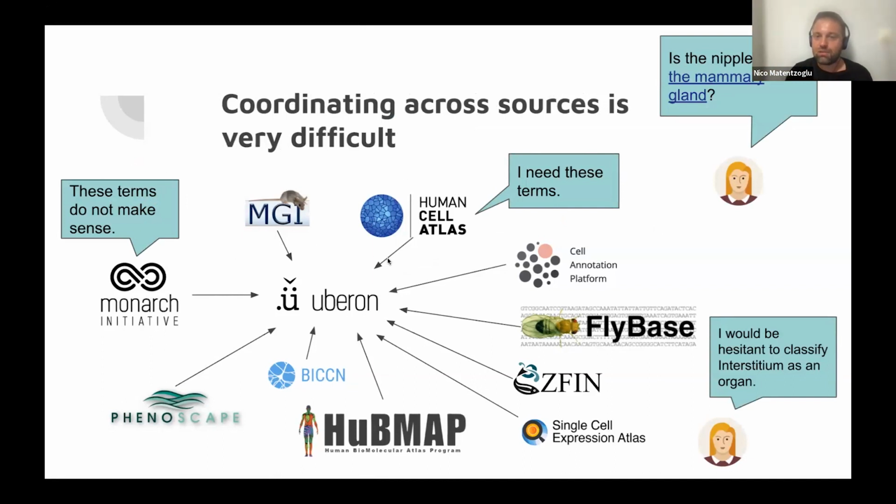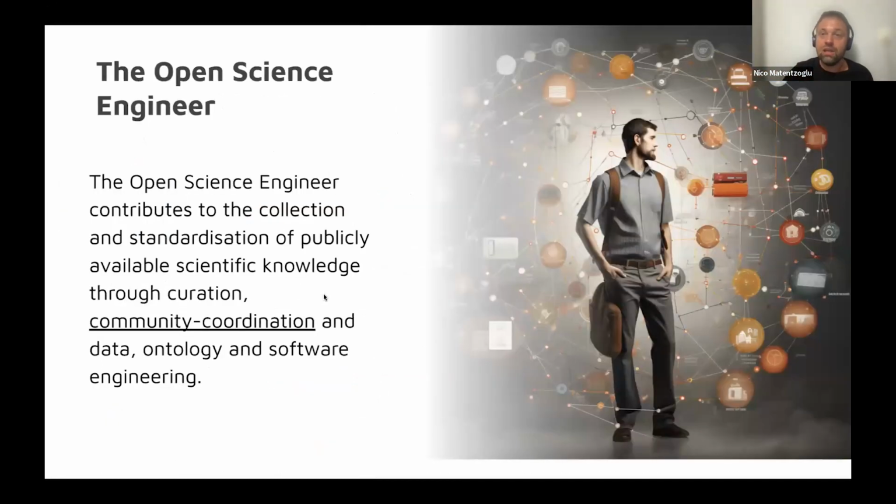So for example, one project might say, I need these specific terms. Another project would say, these terms are totally out of scope for this ontology, and so on. So there's suddenly a huge need for coordination. And here is where this collaborative mindset of what we refer to as an open science engineer comes in. So an open science engineer in this view contributes to the collection and standardization of publicly available scientific knowledge through curation, community coordination, and data, ontology and software engineering.